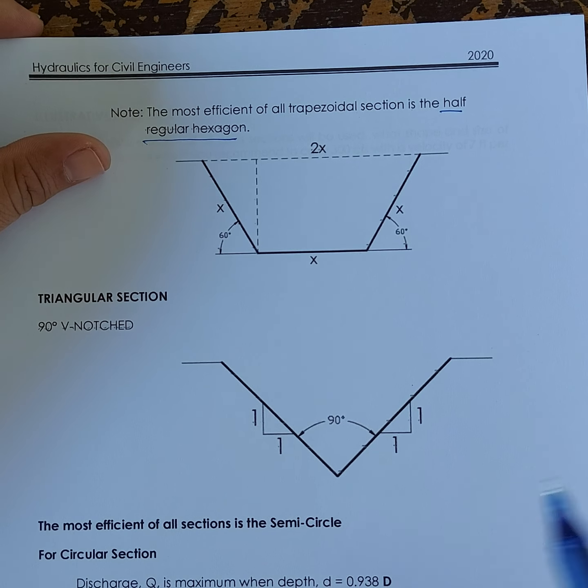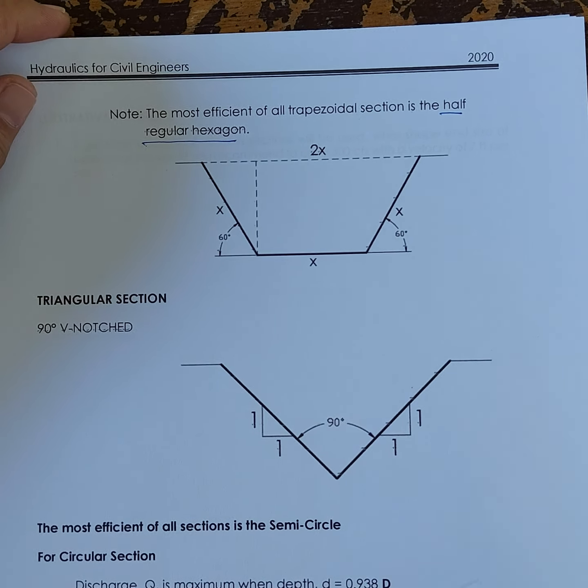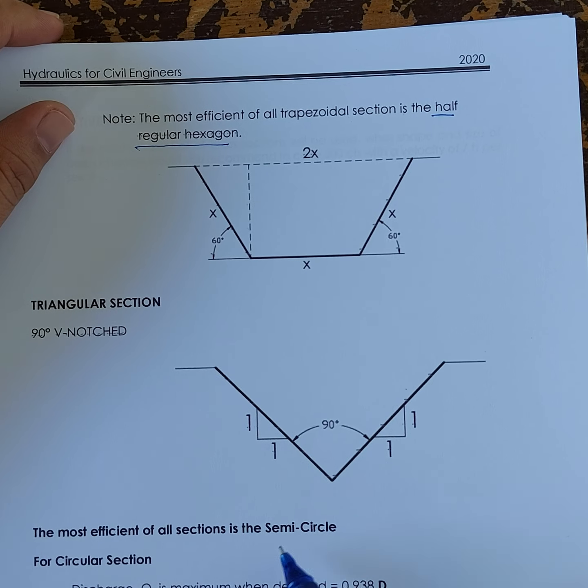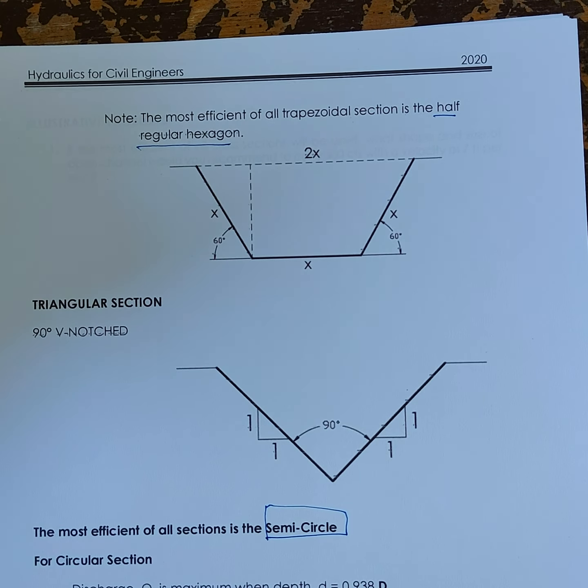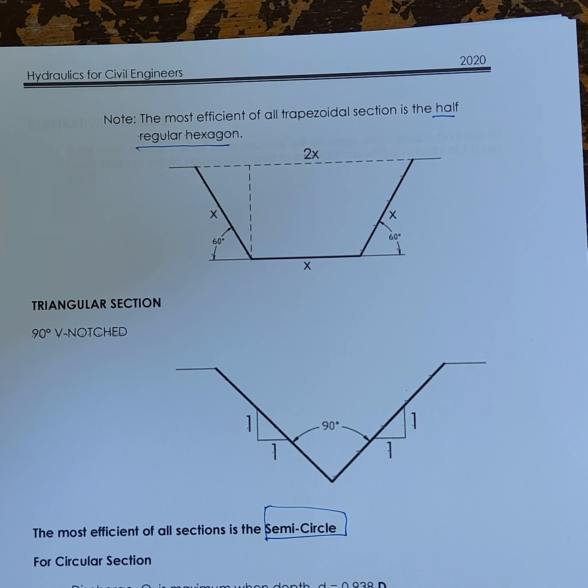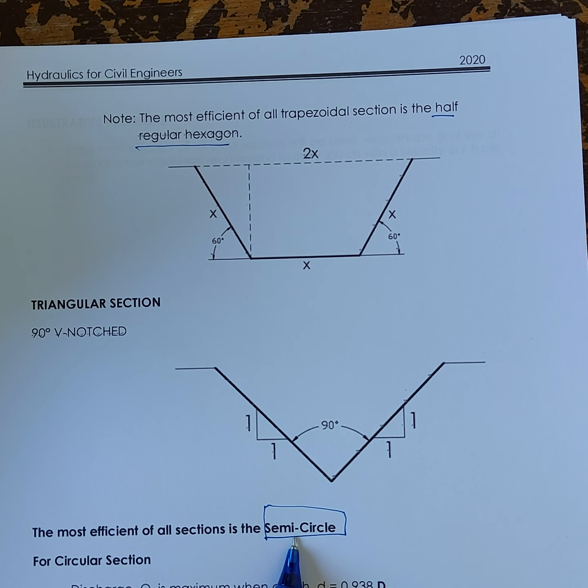Now of all sections, the most efficient is the semicircle, but we rarely observe or construct this particular section.